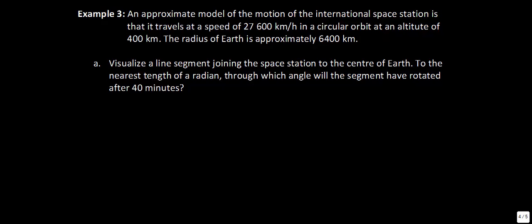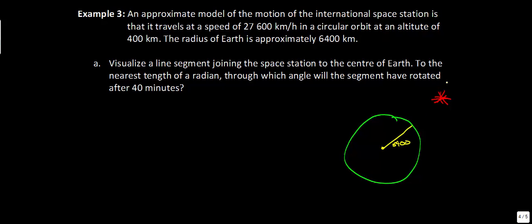Okay, so let's first draw ourselves a little bit of a picture so we know kind of what's going on here. So we have our planet Earth right there. I'll put my International Space Station. It's just going to be this lovely little red asterisk up here. And then let's also denote some of the distances that we have right here. It says the radius of the Earth is 6,400 kilometers, so I'm going to write that the radius right there is 6,400.